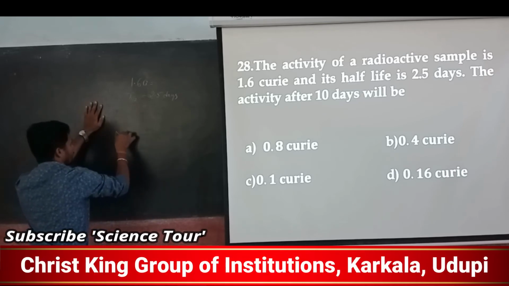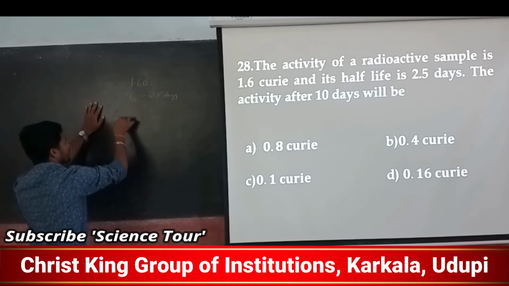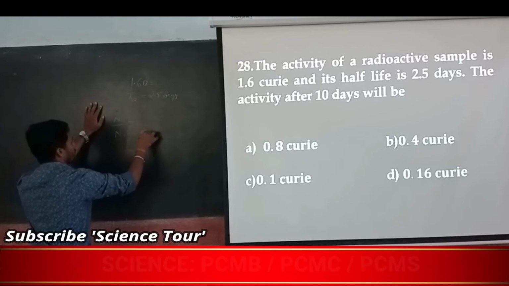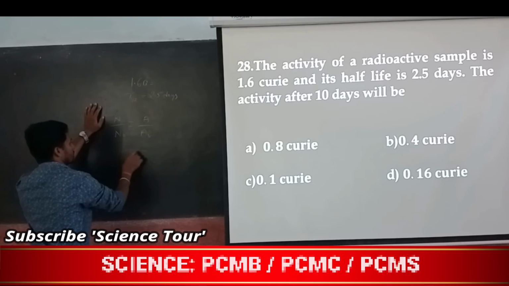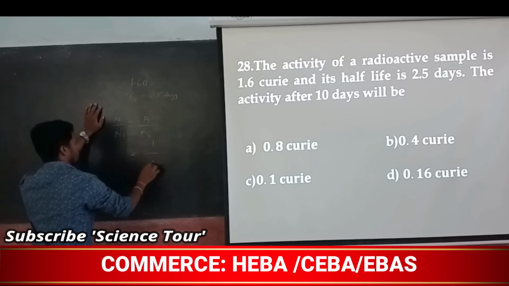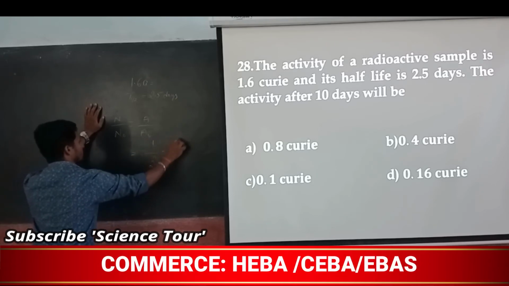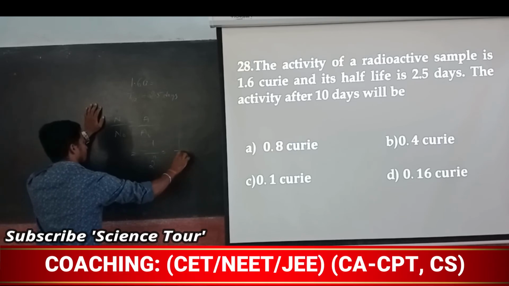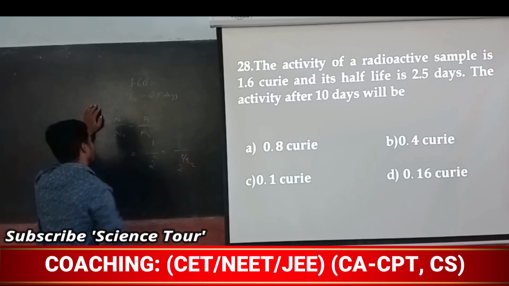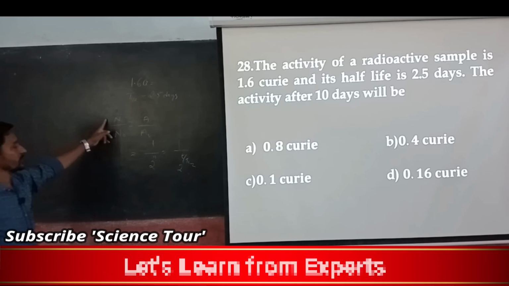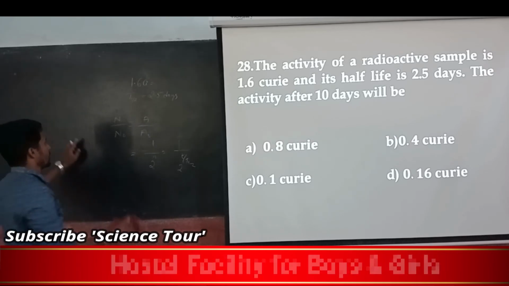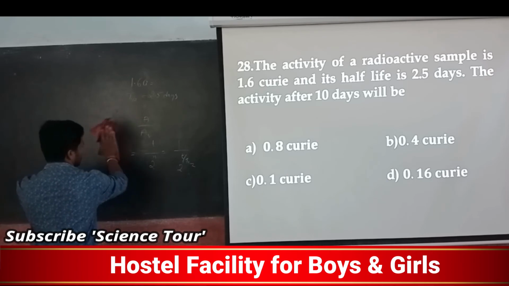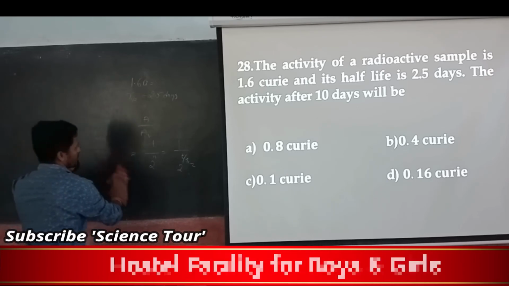Out of N naught, N is there; out of A naught, A is there, which is equal to 1 divided by 2 to the power n, which is equal to 1 divided by 2 to the power t by t half. This formula you have to remember. N by N naught, A by A naught is the same. Now I am going to take A by A naught.